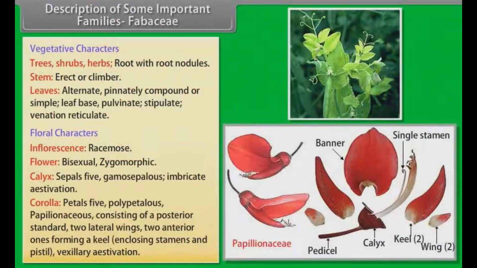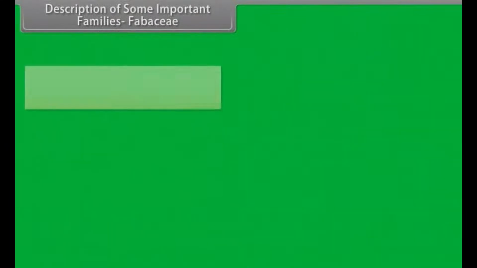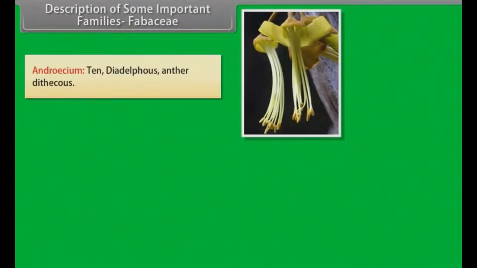Corolla, petals 5, polypetalous, papilionaceous, consisting of a posterior standard, 2 lateral wings, and 2 anterior ones forming a keel, enclosing stamens and pistil, vexillary aestivation. Androecium, 10, diadelphous, anther dithecous.